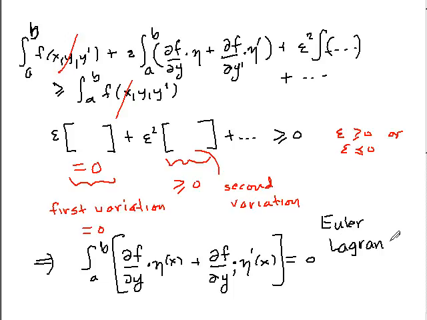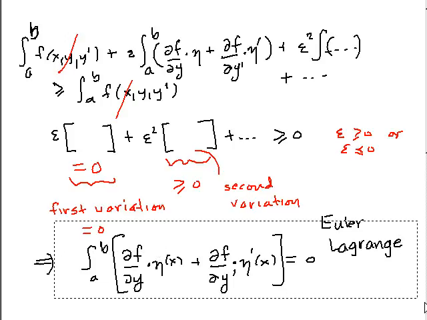It's analogous to f prime equals 0 for a function of a single variable. Now, this is supposed to give you conditions on y. How does it do that? Well, in order to see that, I'm going to integrate the second term by parts. Okay, so let's copy all of that.